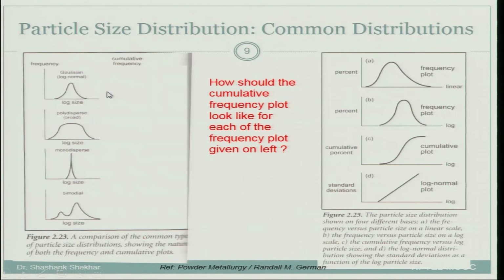So look at it, try to estimate what should be the cumulative plot for each of these: for a Gaussian distribution, for a polydispersed one. Here the distribution is wide, here the distribution is very narrow, here you have bimodal. Bimodal meaning at this point you have a mode, at this point you have a mode. So there are two modes, this is the global mode or the global maxima, here you have a local mode or local maxima. For these kinds of distributions, what should be the cumulative frequency plot?